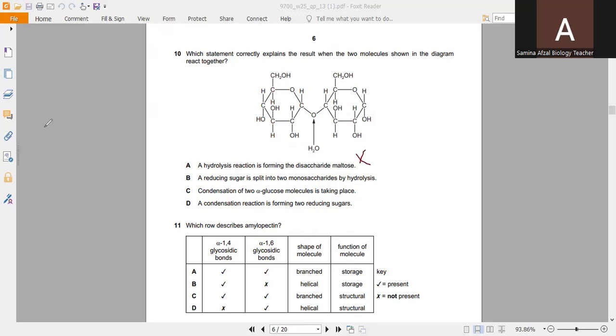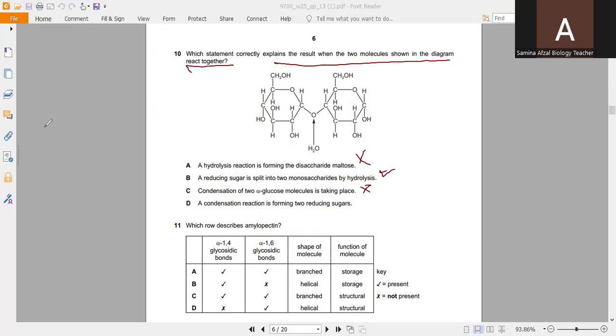This is not the correct option. So reducing sugar is split into two monosaccharides by hydrolysis. They will break down into two monosaccharides by hydrolysis when water is added to them. So it can be the correct option.